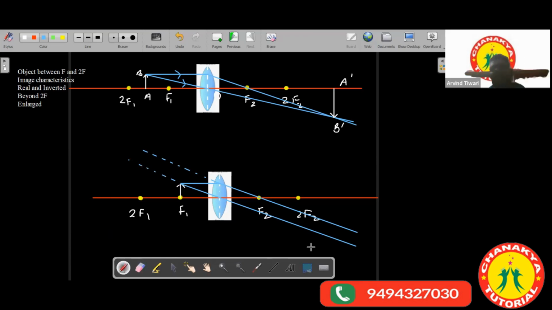Here also they are not meeting. So if they do not meet, we assume them to meet at infinity. We'll say they meet at infinity. Got it?